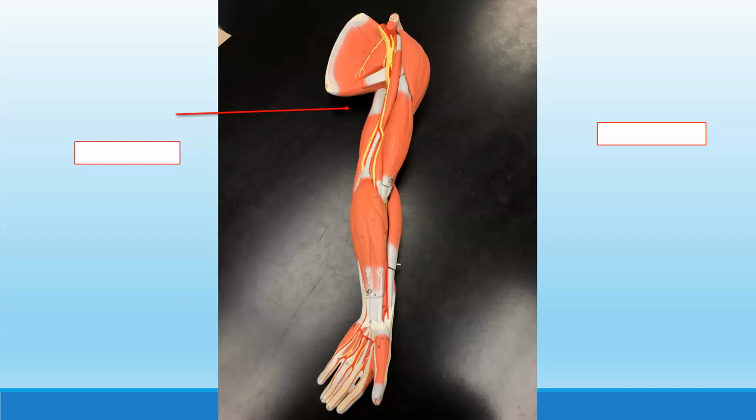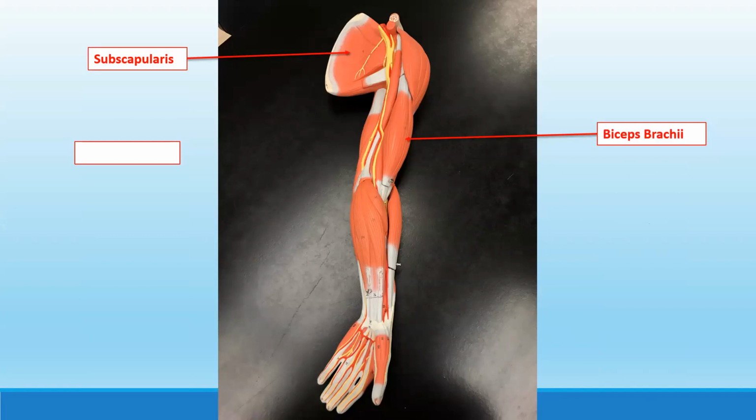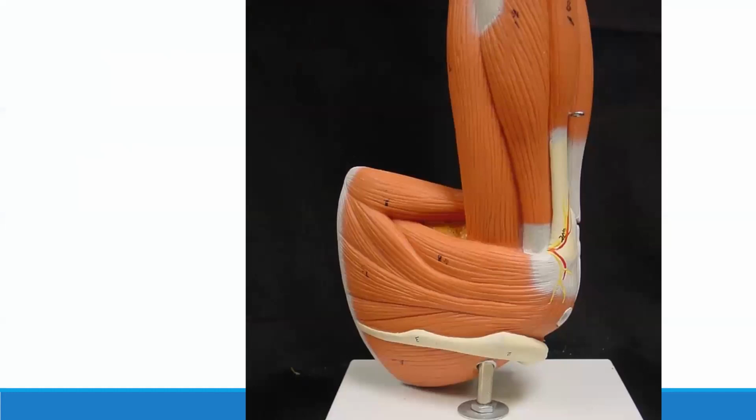So now we look at the posterior surface and we see the subscapularis right there in the subscapular fossa. Of course, for frame of reference, there's the biceps on the anterior surface, and the triceps brachii on the inferior surface. So now it's another close-up of our rotator cuff muscles. Three of the four: supraspinatus above the spine.